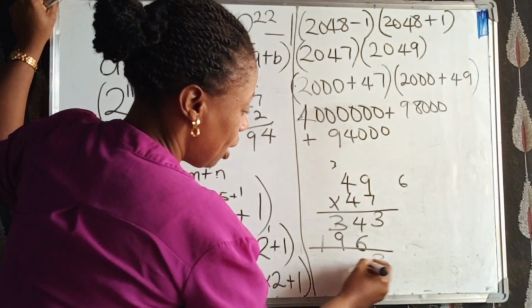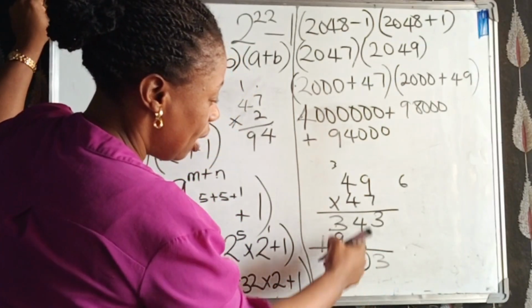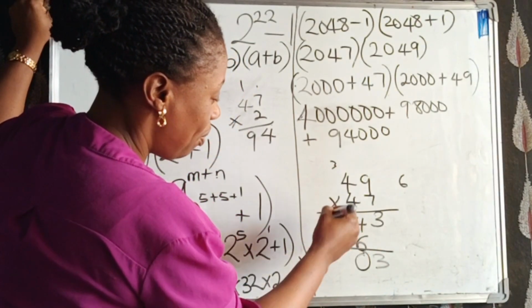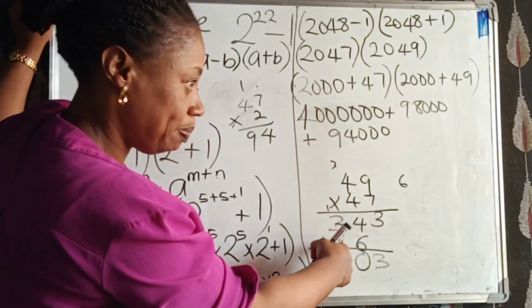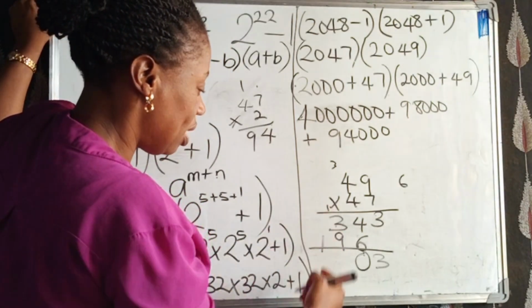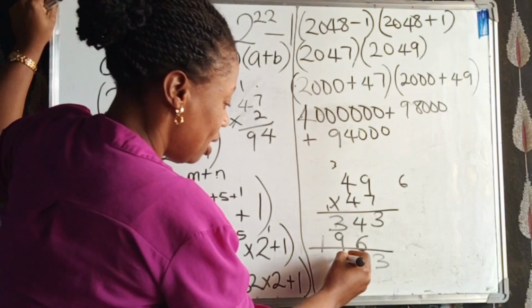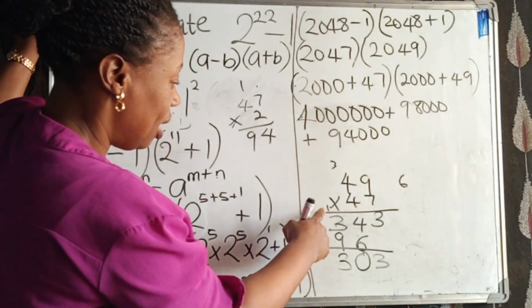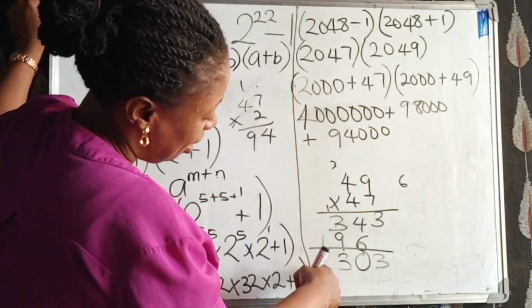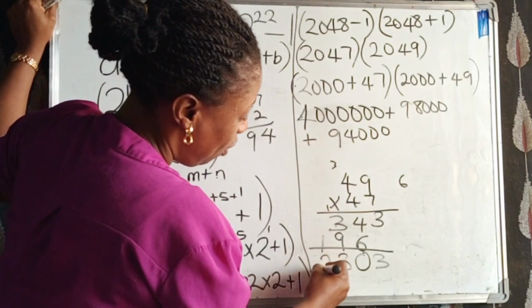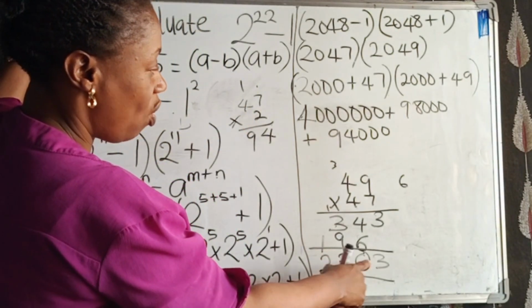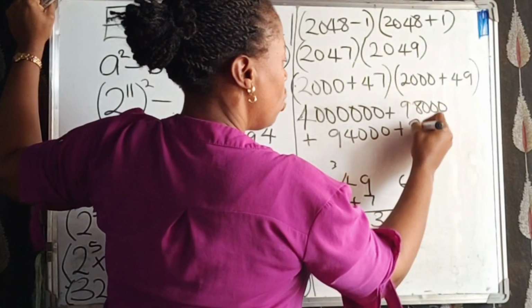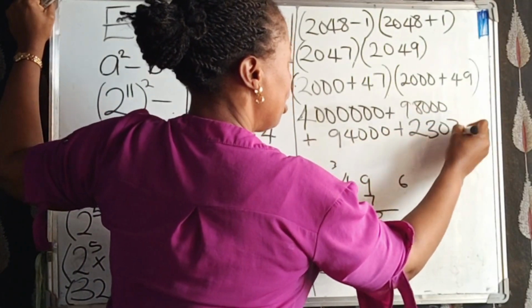We have 3, then 4 plus 6 is 10, carry 1. 3 plus 9 is 12, plus 1 is 13. And then 1 plus 1 is 2. So we have 2,303 there.